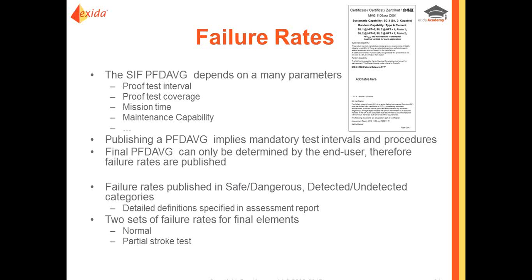Where it's applicable, we use different tables. We could have the normal table and the partial valve stroke test table. We could do clean service and severe service. So there are different applications that might have multiple tables on the back of the certificate, or there could be multiple tables in the assessment report if you need more information.